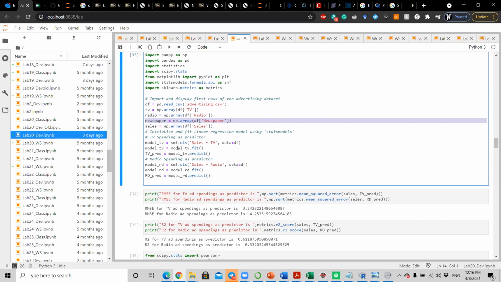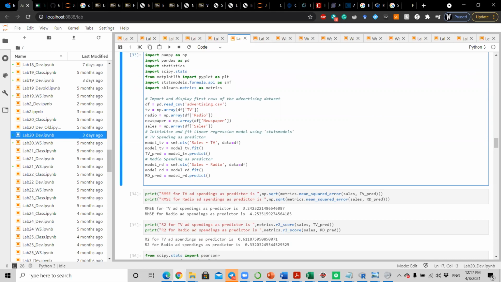So we're going to initialize a linear regression model using the statsmodels OLS method for sales being predicted by TV. And then I have a question. What is that line, model underscore TV equals SMF OLS sales TV? What is that doing? Which part? The whole line.